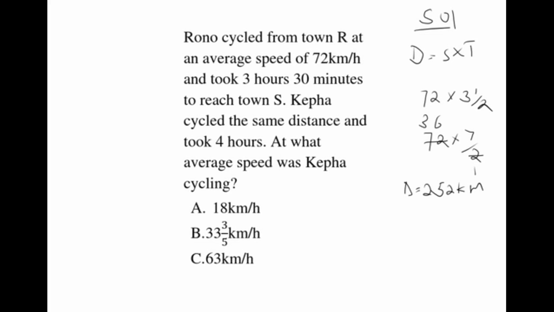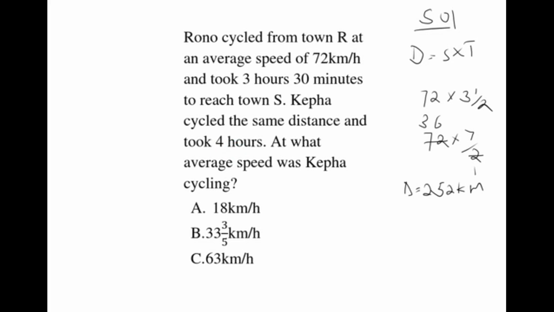Then we are told that Kefa cycled the same distance. This distance, 252 kilometers, and took 4 hours. Then what was his average speed? Speed is distance divided by time taken.